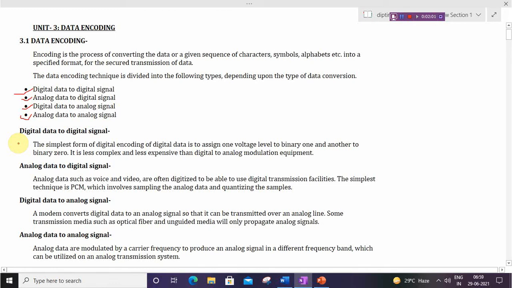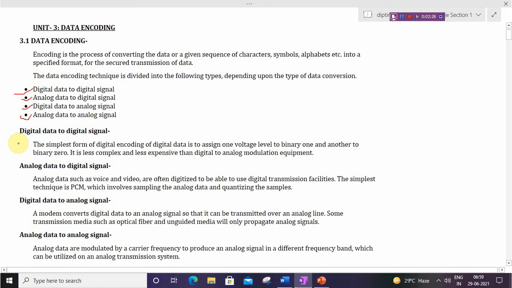The simplest form of digital encoding of digital data is to assign one voltage level to binary 1 and another to binary 0. Means in the previous video I discussed what is analog signal and digital signal. So we have to convert the digital data to digital signals.